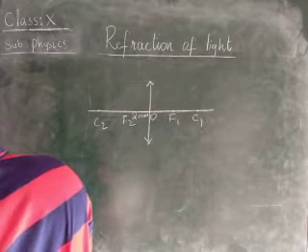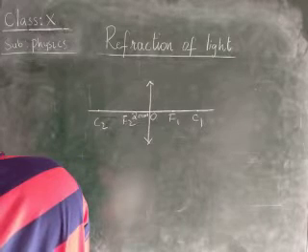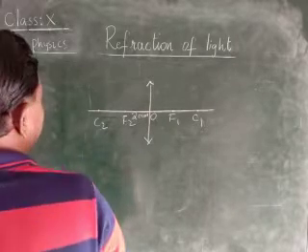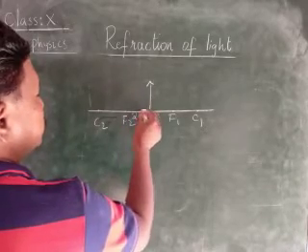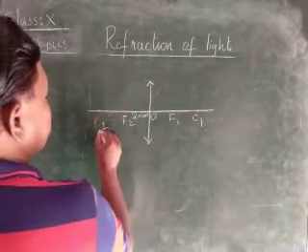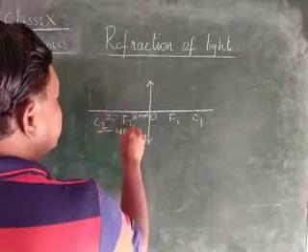Okay, right. Object distance is 60 centimeter. Object is at 60 means, here 20 plus 20, that is 40 centimeter.